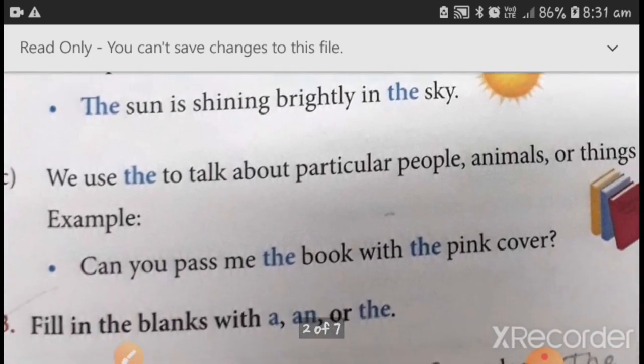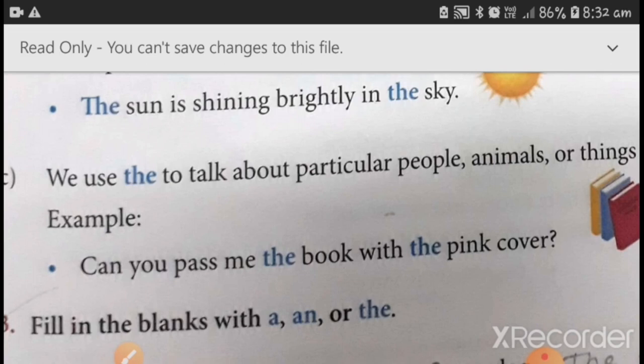It means if the listeners and speakers together know about the noun, there also we have to use the article before it. As in, the book or the pink cover book, which means the speaker and listeners both know it. Here I am the speaker and you are the listener.